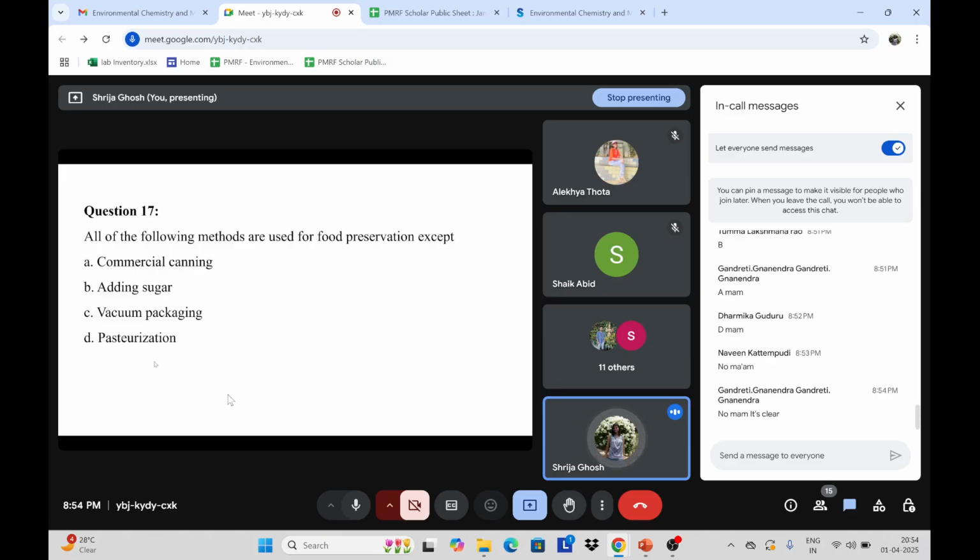So which of the following is not used for food preservation? Commercial canning, adding sugar, vacuum packaging, pasteurization. What would be the correct answer? Write your answers fast.